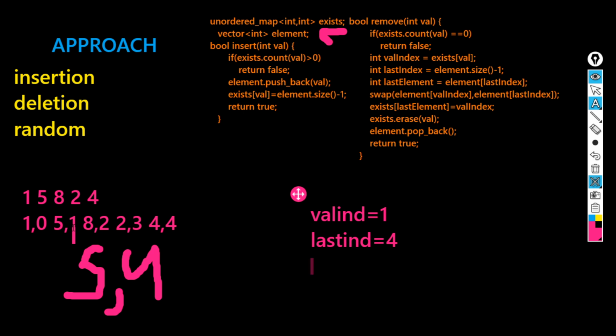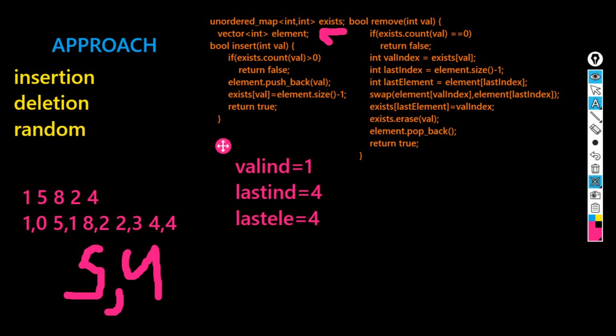Now what will be the last element? The last element will be the element at the last index, which in this case is at index 4. So we have all three variables initialized: value index, last index and last element.